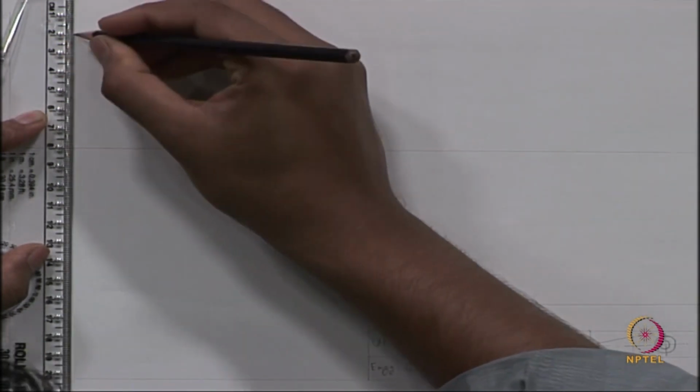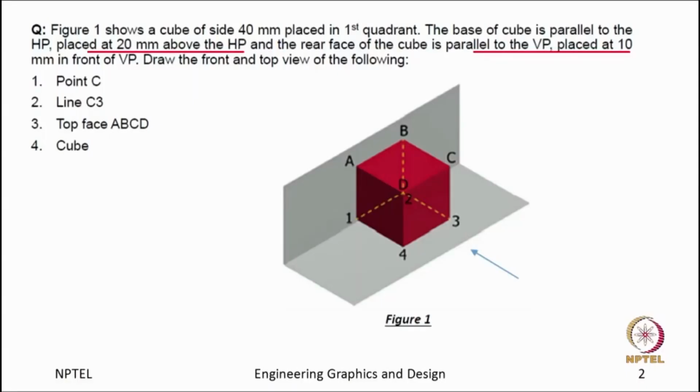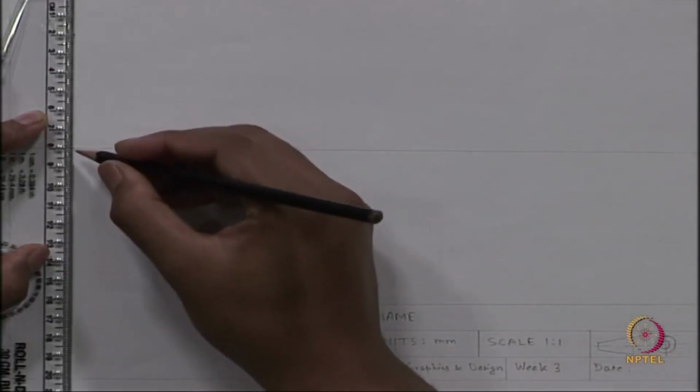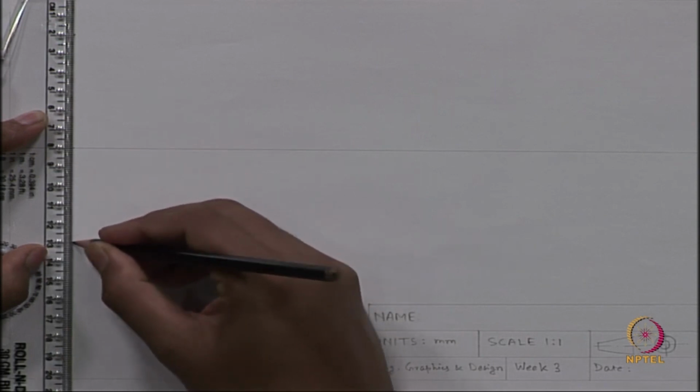This is 60 millimeter. And for the top view, if we watch from the top, we have to take the distance from the vertical plane, which is 50. So, the top view will be at a distance of 50 from reference line. From reference line, we will take distance of 50.